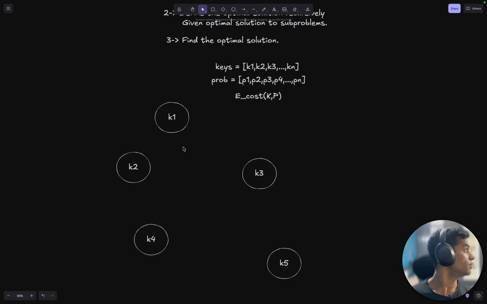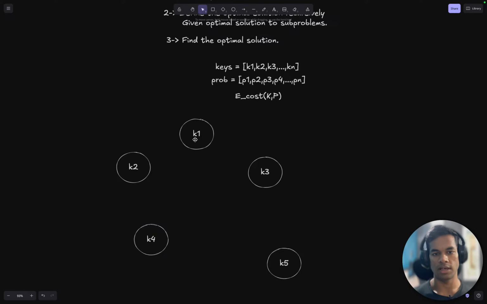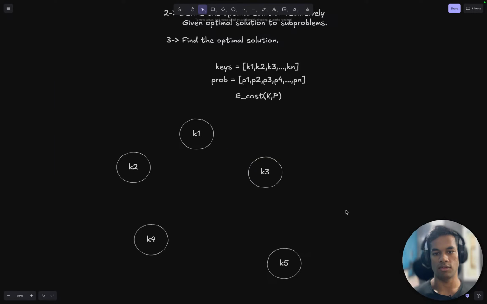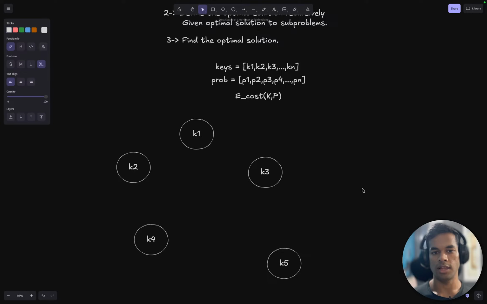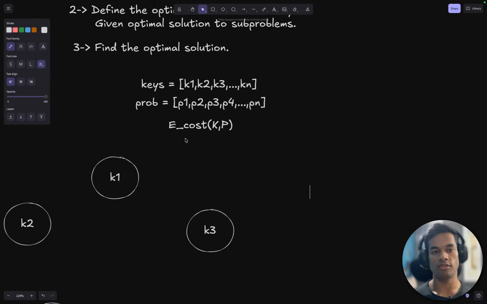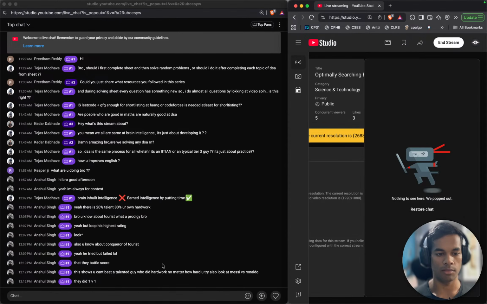Since this is a binary search tree, let's say k1 is the smallest key, k2 is larger, k3 is larger, k4 is larger than that, and k5 is the largest. Then they have some probabilities associated with them, and there has to be an order of the probabilities. We also have dummy keys, which represent keys which are not present.